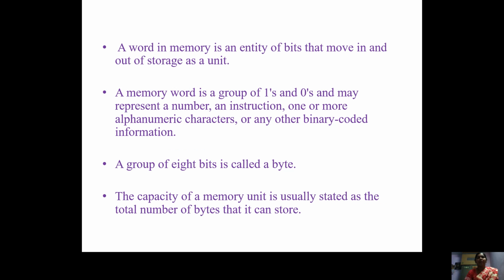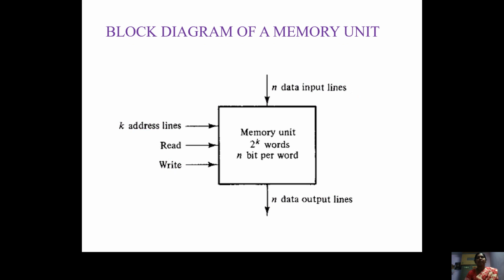And here is a block diagram of random access memory. The memory unit is able to store 2 power k words, and each word contains n bits. That is why we have n data input lines and n data output lines.